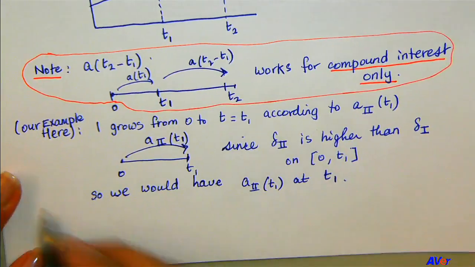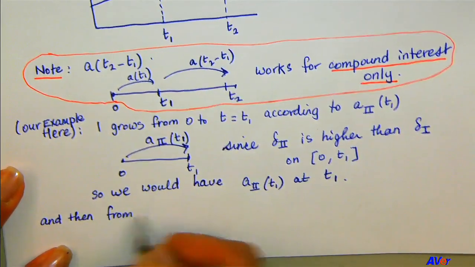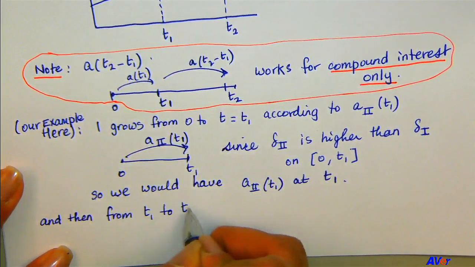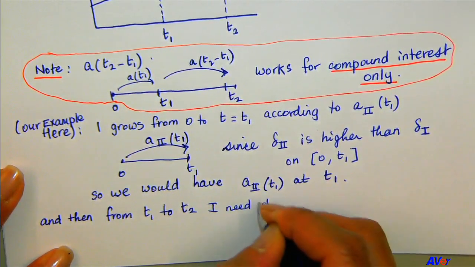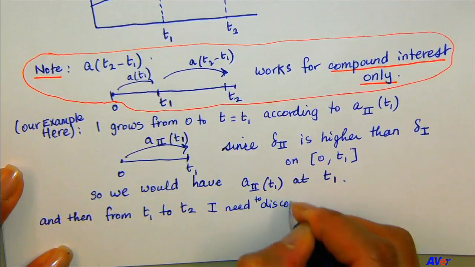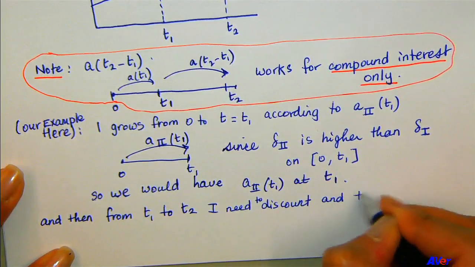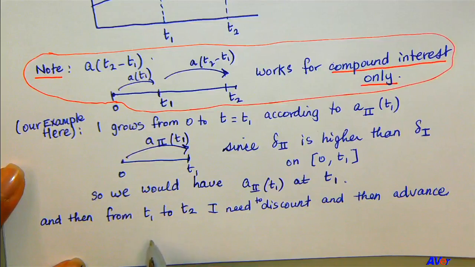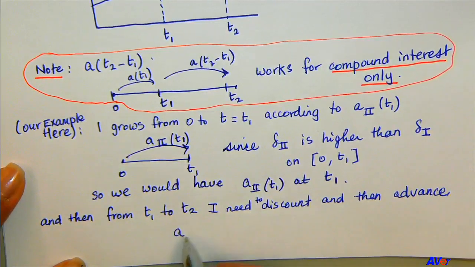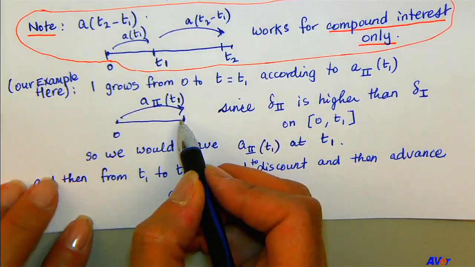And then, from T1 to T2, I need to discount and then advance like this. Take A2 of T1, which is the amount that you have at T1, and then bring it back.